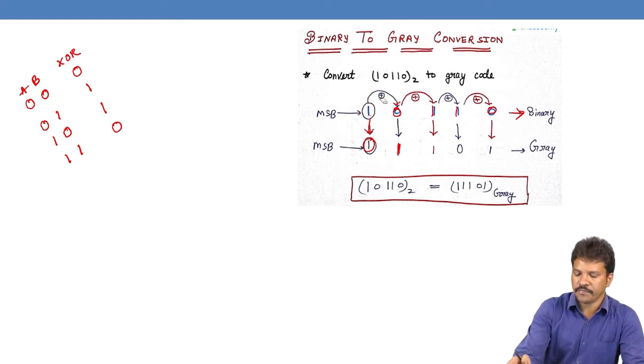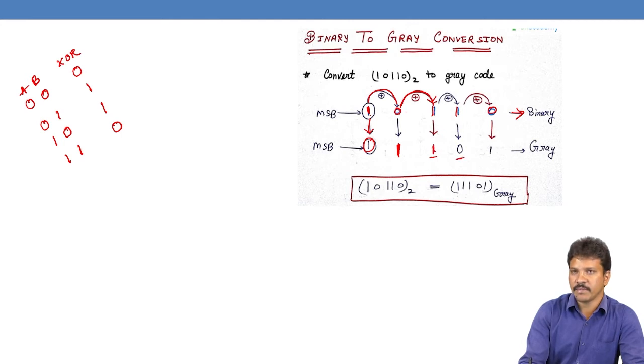So here the MSB bit is 1 and the next bit is 0. XOR of 1 and 0 gives 1. Next, XOR this 0 with the next third number 1, and we get 1.